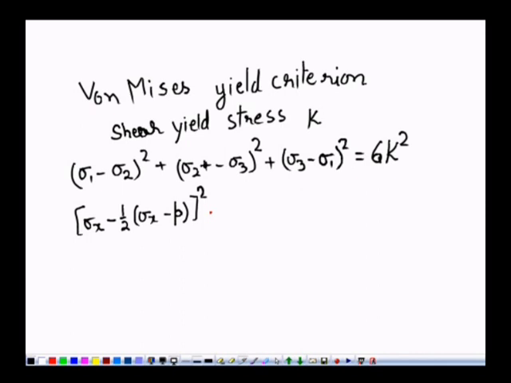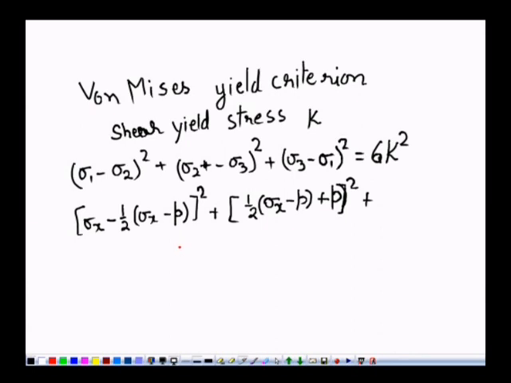Similarly, for the second one, sigma 2 is equal to half of sigma x minus p, and minus of minus p means plus p, whole square, is the second term.